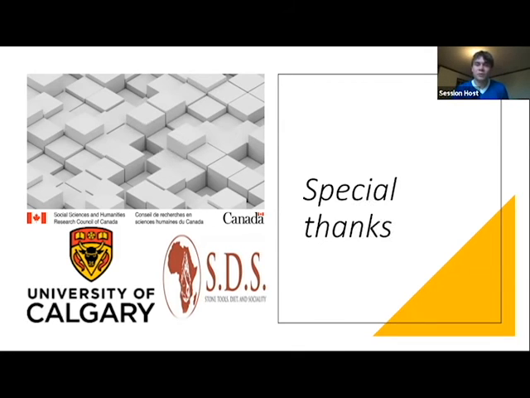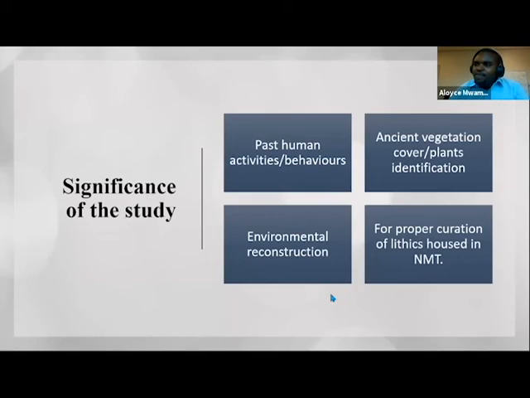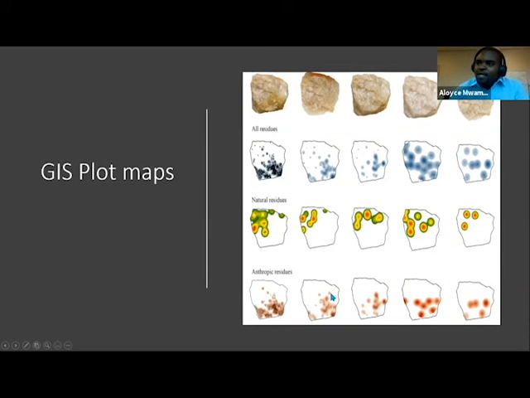How can plant residues of anthropogenic origin be differentiated from plant residues of natural origin? It's a great question, and it has always been a challenge to understand how one can differentiate this. One of the good methods is using GIS, which helps a lot to understand which part was mostly used, but this is not enough. You always have to follow procedures like having control samples.